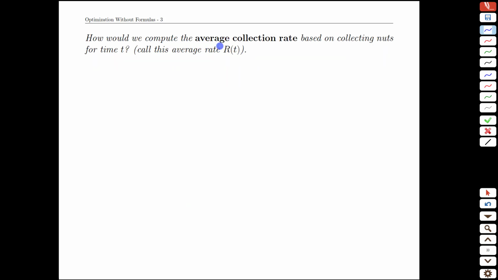Thinking of this from an evolutionary perspective, what would be the most advantageous for the chipmunk is to maximize this average collection rate. In other words, how quickly or how much food is gathered per unit time. This gets away from the whole issue about travel time versus collecting time.